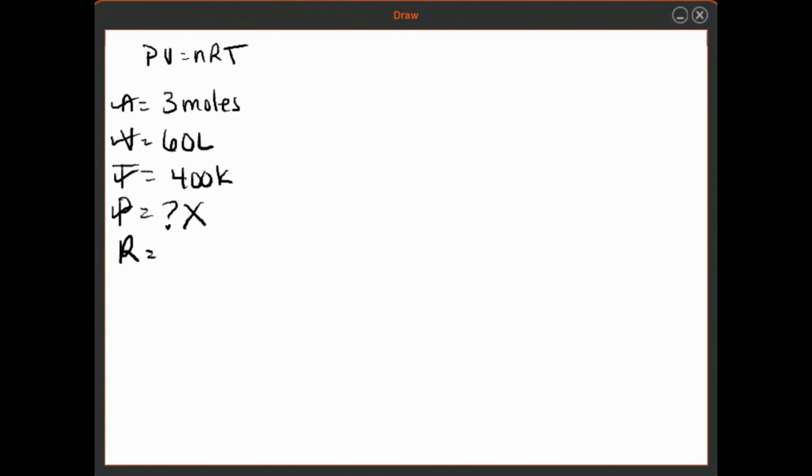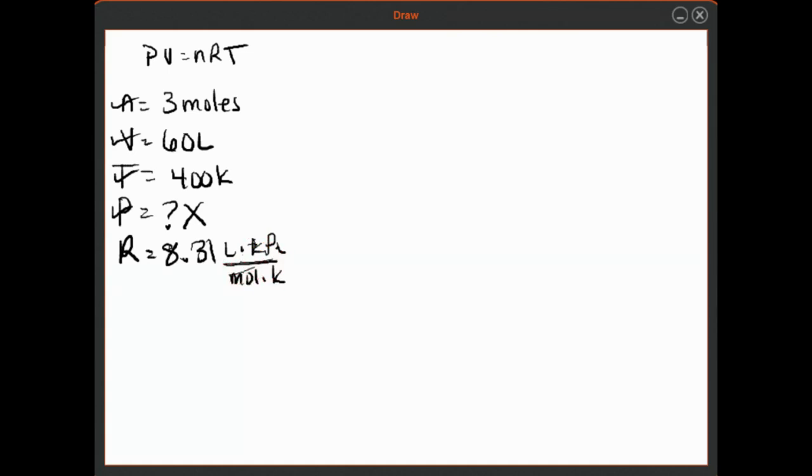If we use 0.0821, that would give us the pressure in atmospheres. If we use 8.31, it would give us the pressure in kPa. So let's go ahead and use the kPa R value just so we can look at a different unit of pressure than we did in the last problem, and that's liters, kPa, moles, Kelvin.